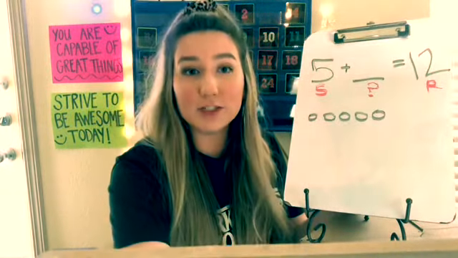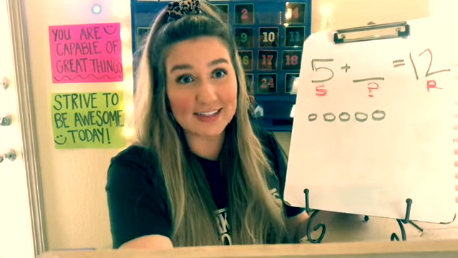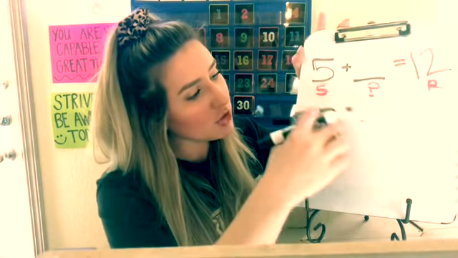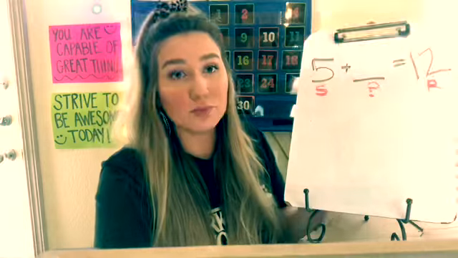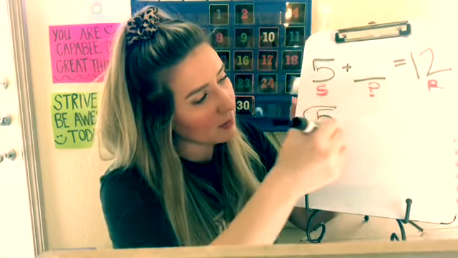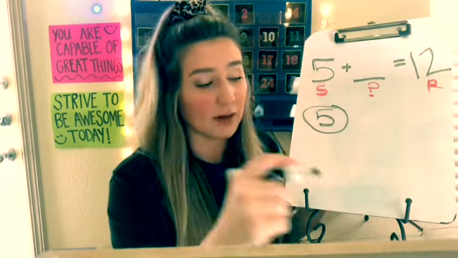Or a more efficient way. Efficient means fast and correct. And I say that word all the time with my class. But a more efficient way to show 5 faster would be saying here's 5 and I'm going to put it in a circle, okay? Just a little bit quicker than drawing out 5 circles.